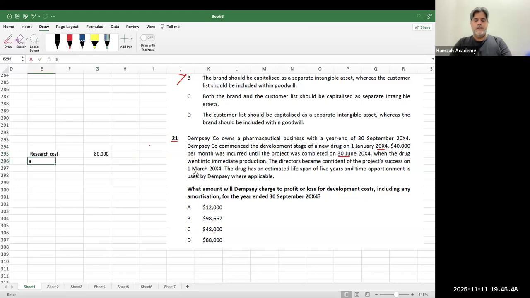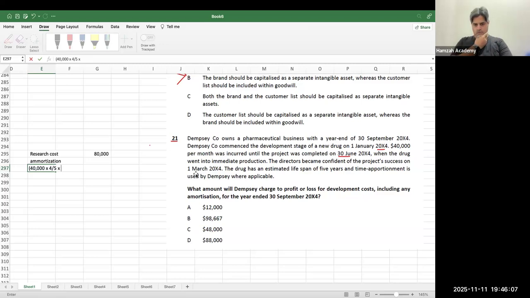Then March, April, May, June, 4 months capitalized, divided by life of 5 years.